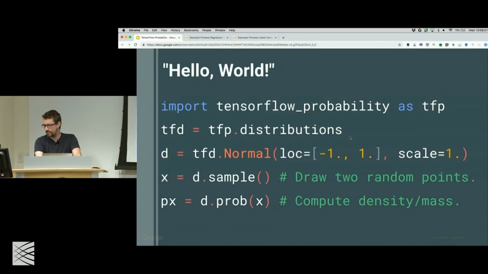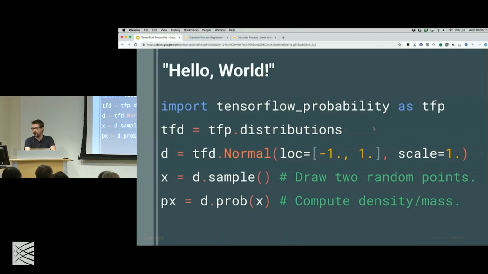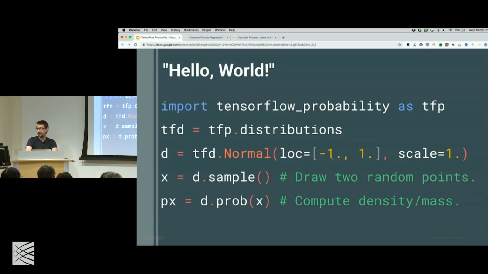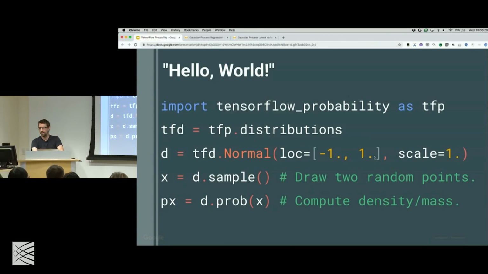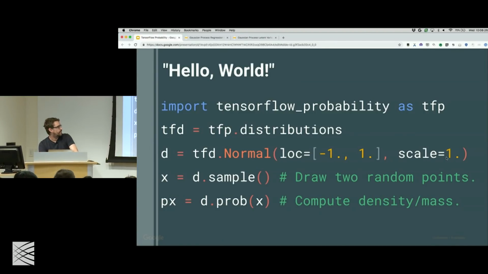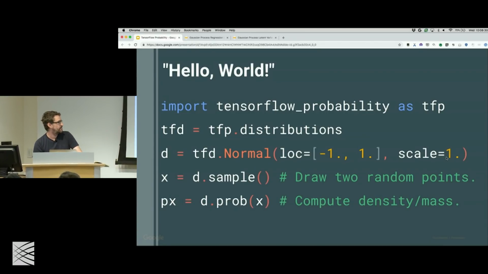So here's a very simple example of creating a normal distribution. The idea here is we've created a batch of two normal distributions, one centered at -1 and one centered at 1. And the scale for both is 1. So ultimately the batch shape is 2.